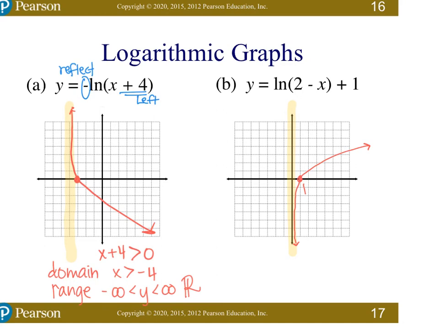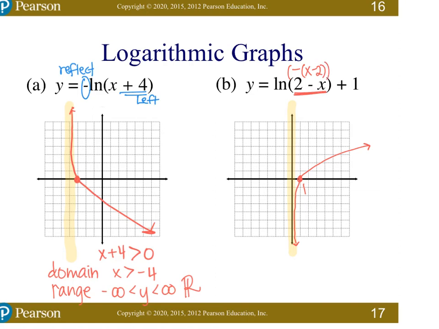Okay, this is going to have a reflection impact, but it's backwards. So remember, when you write it the correct way, it'll be negative x minus 2, instead of 2 minus x.